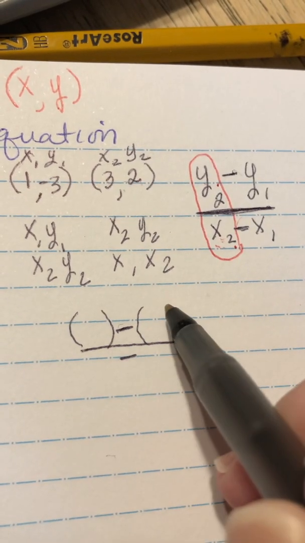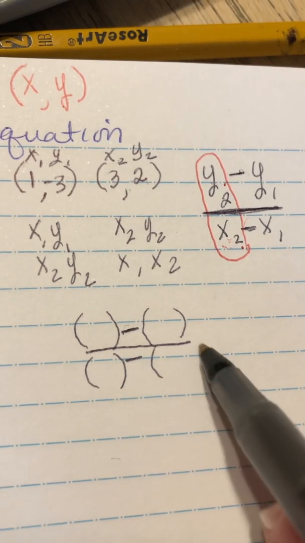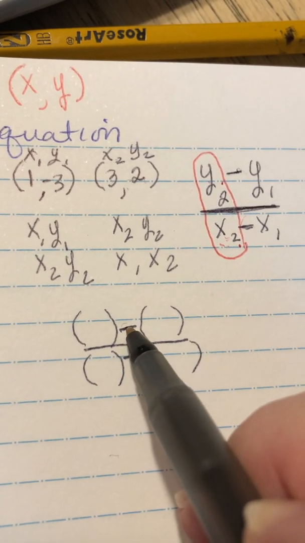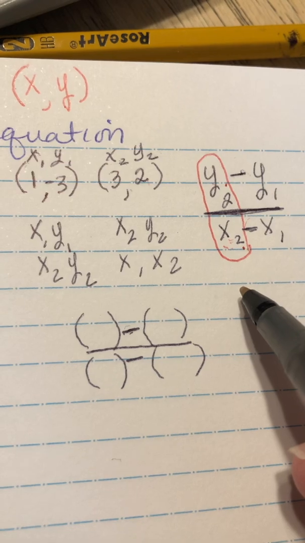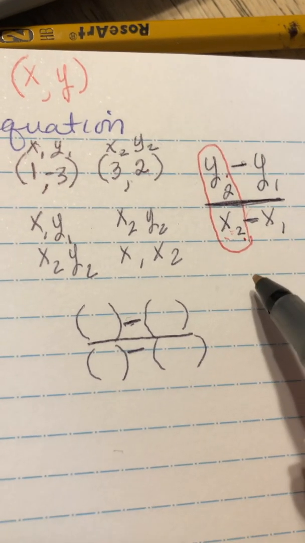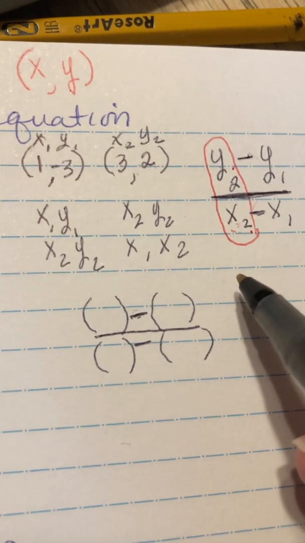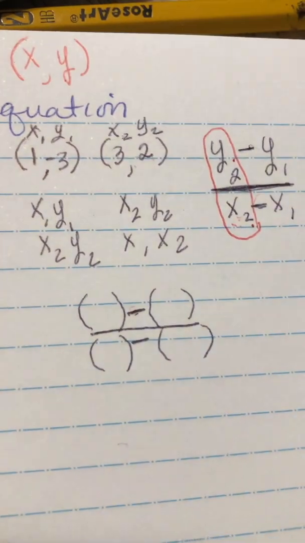I put parentheses around it because I don't want to confuse that subtraction symbol with the negative that might be on a number that I'm working with. I want to see that they're separate because sometimes that's where people make mistakes. In fact, it's probably the most common mistake people make when finding slope.